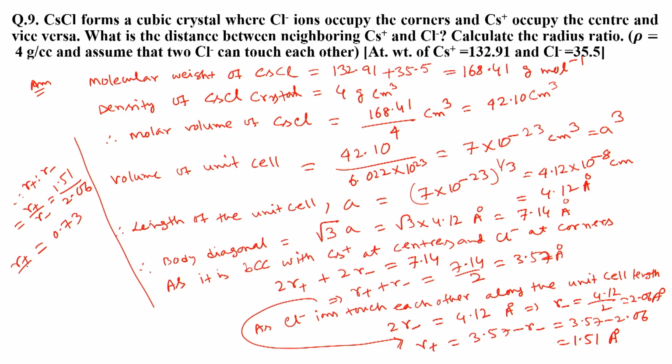So R plus by R minus will be 0.73. Okay, therefore the radius ratio is 0.73.